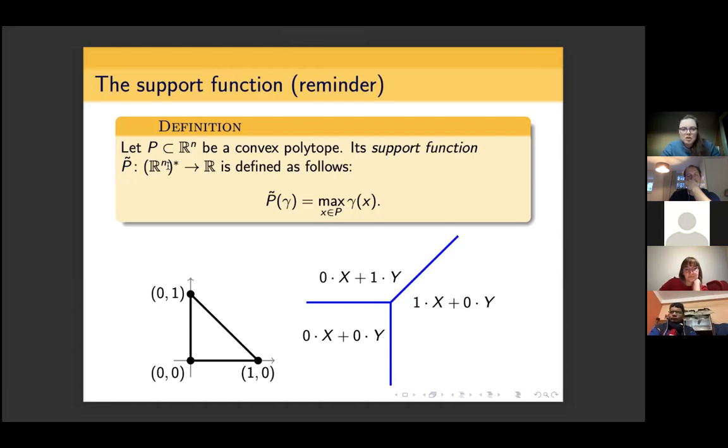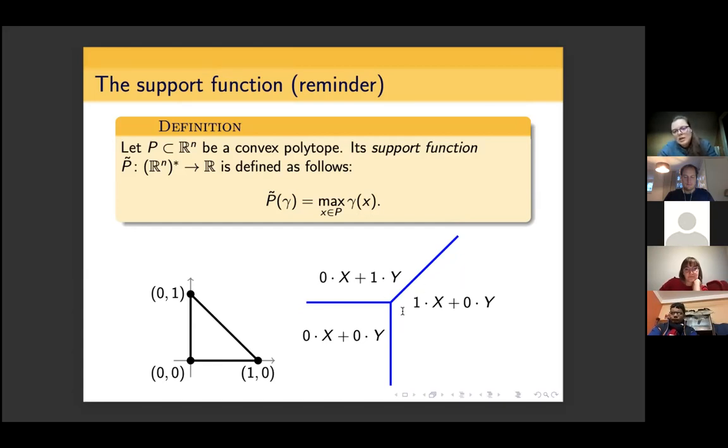So this is a little example. Suppose this is a triangle in R^2 with these lovely vertices, the standard simplex. Then on the right, we can see the behavior of the support function. It's piecewise linear, right? Moreover, we can see the connection between the linearity domains of this function and the vertices of the Newton polytope.